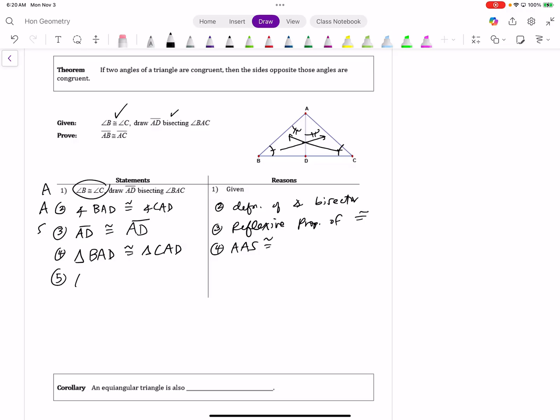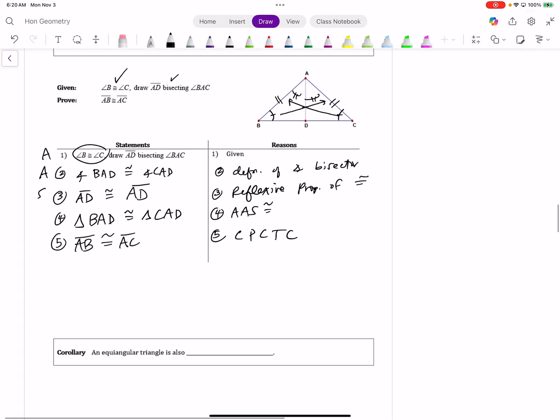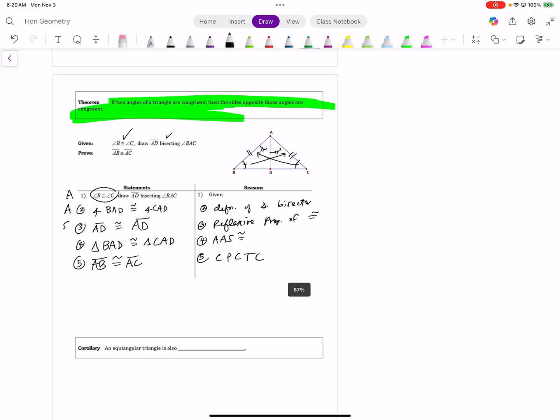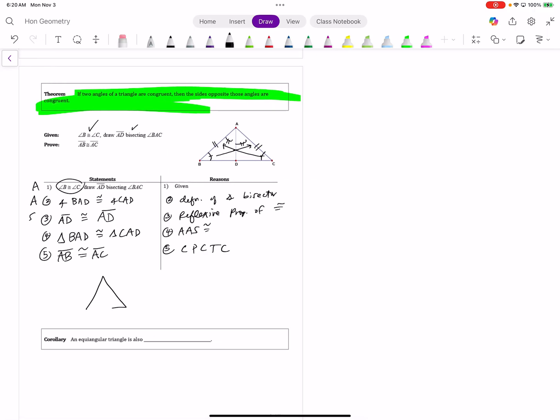We're trying to prove that AB is congruent to AC. And we just did 1, 2, 1, 2, because corresponding parts of congruent triangles are congruent. And instead of writing this theorem every time we want to use it, we're going to do a picture for it too, just because it's so much easier. So if you know this, that implies that you know that.